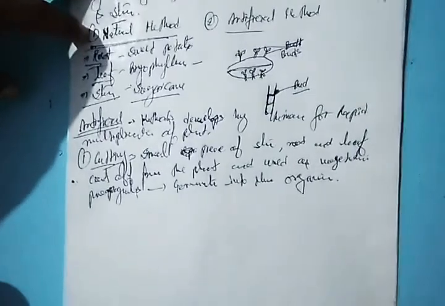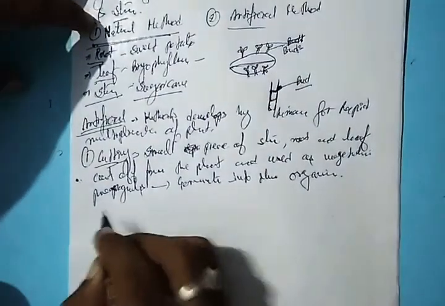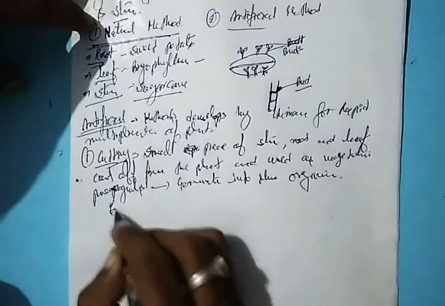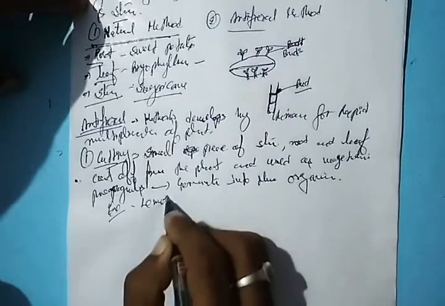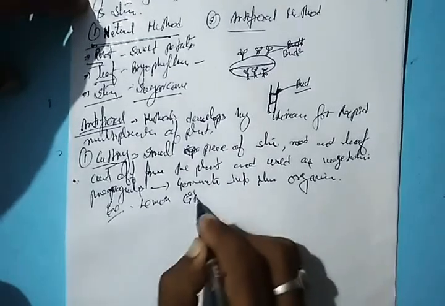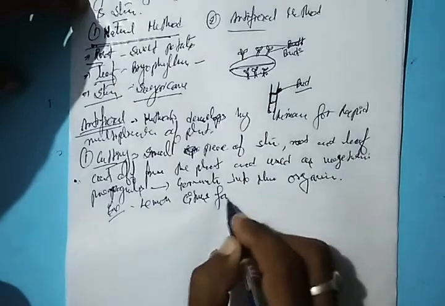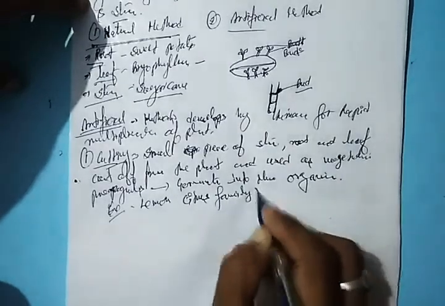The best example of this process is the citrus family, like lemon.